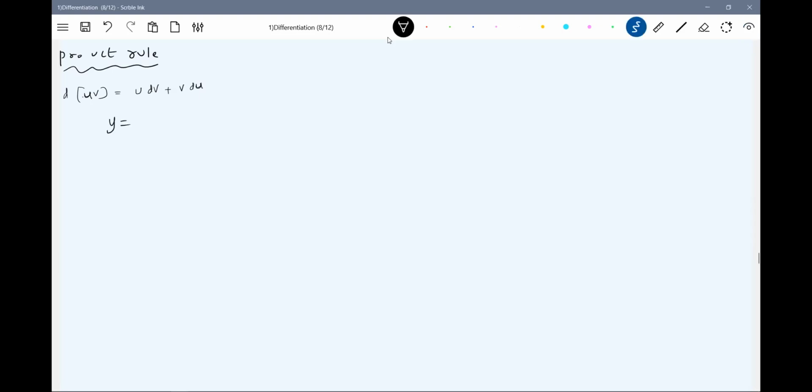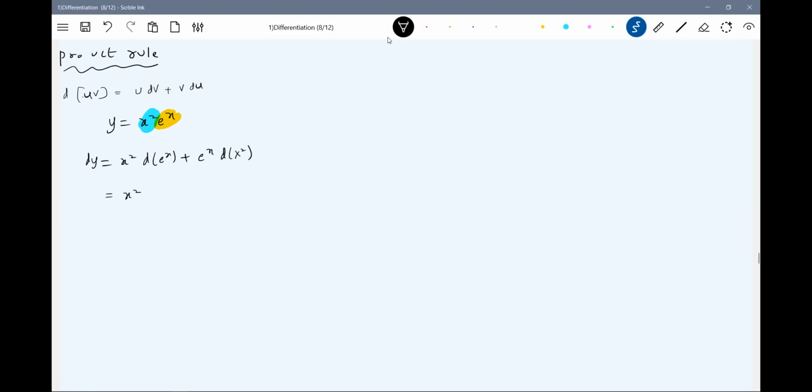Okay, we'll do one thing. We'll see the derivative of x square e to the power of x. x square is one function, e to the power of x is another function. Then we'll differentiate: dy equals x square as it is, derivative of e to the power of x, then e to the power of x as it is, derivative of x square.